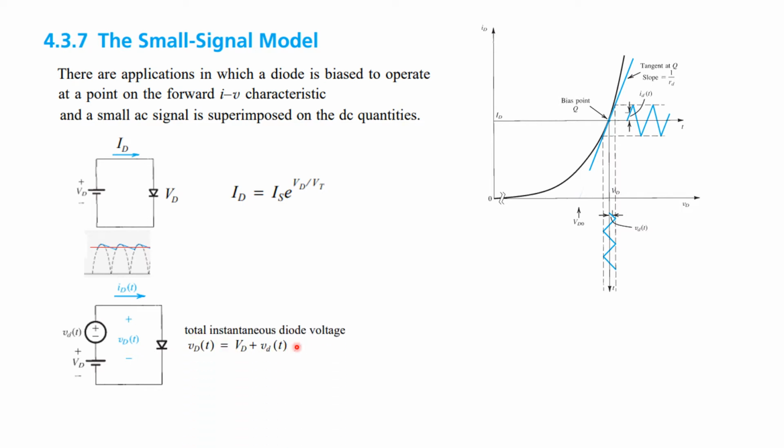So the total instantaneous voltage across the diode, v_DT, we described. This voltage is also across the diode, and it is the summation of the DC and AC.